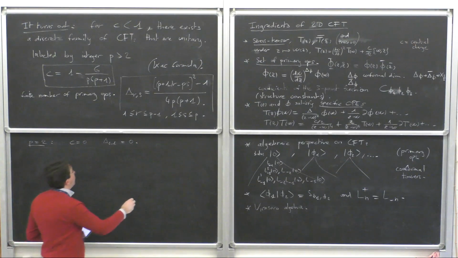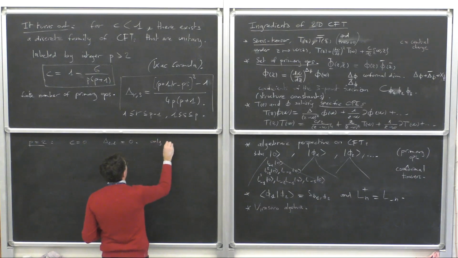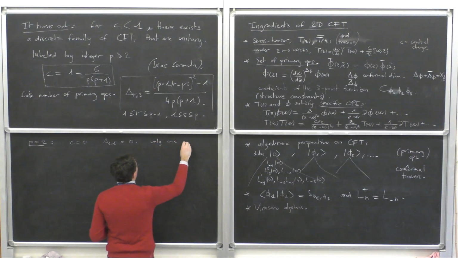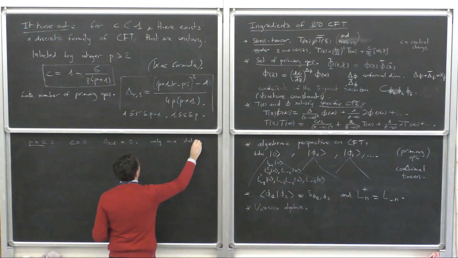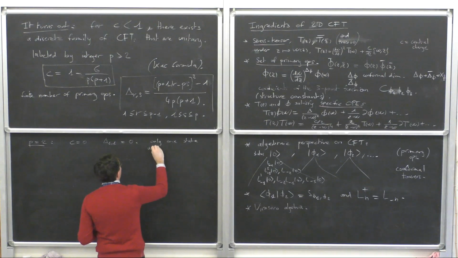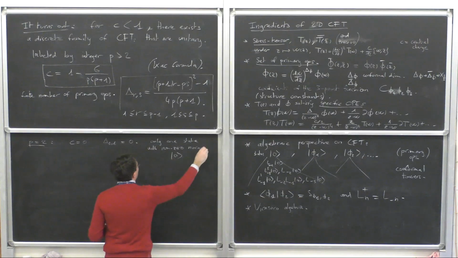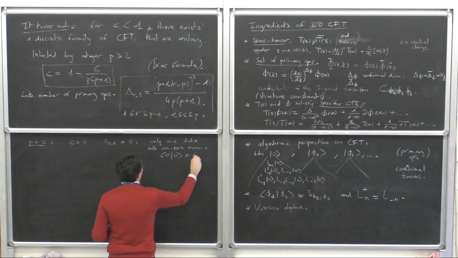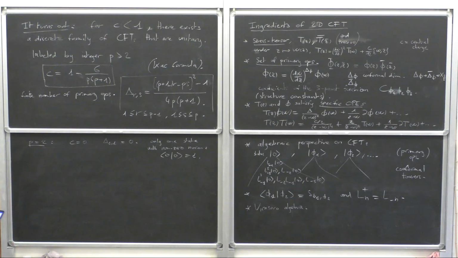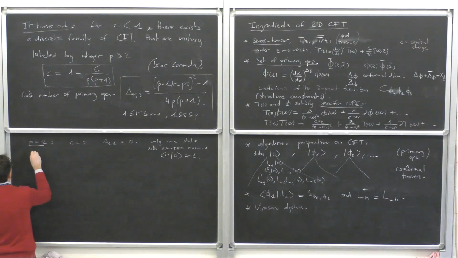So in fact there's only one state in the theory with non-zero norm, and this is the vacuum itself, which has norm 1. All other states go away if you insist on unitarity. So this is a trivial case, and there is nothing interesting to say about it.